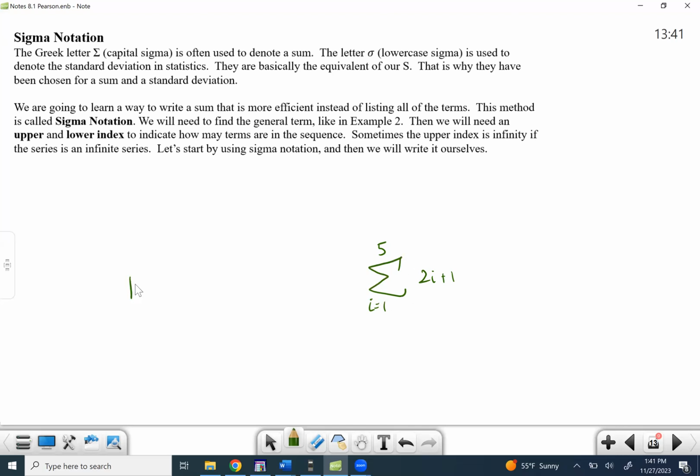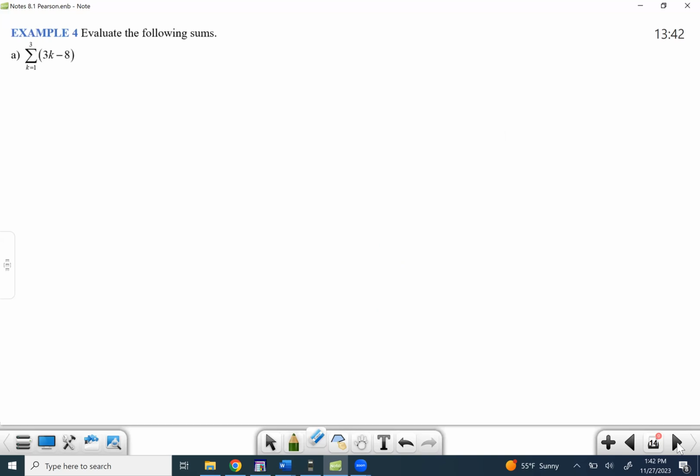As I was saying a second ago, capital pi, you could do the same thing. You could have a lower index, sorry, an upper index. But because it's a pi there, that would tell everybody, okay, multiply them all. Okay. So we have the notation. You won't use that, I don't think, maybe at your community college or whatever, but this one gets used quite a bit. Okay. So let's see if we can use sigma notation.